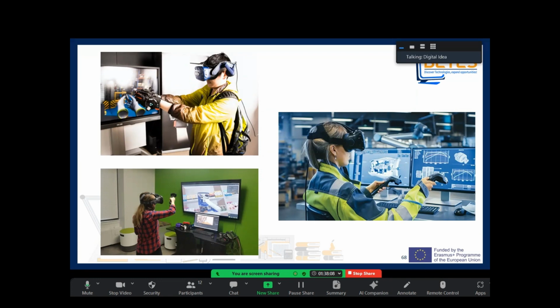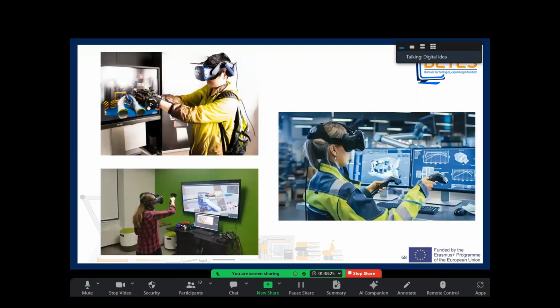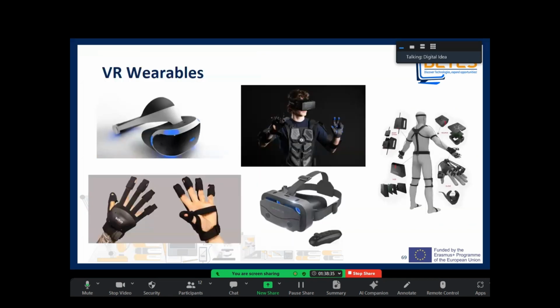It could become reality. From where you are, you connect with the facility and repair something which is miles away. The lady on the bottom is playing with something, or I think working in a supermarket or something like that.